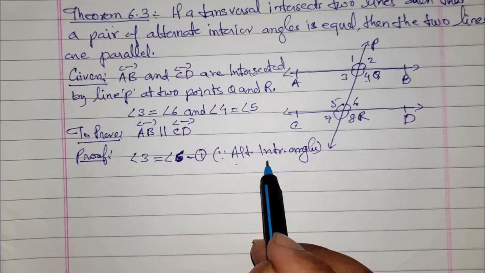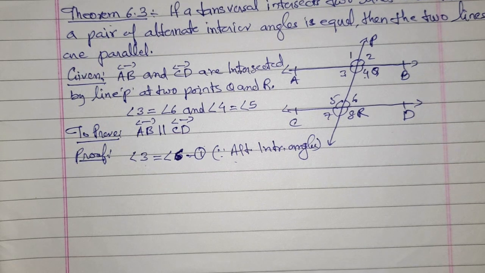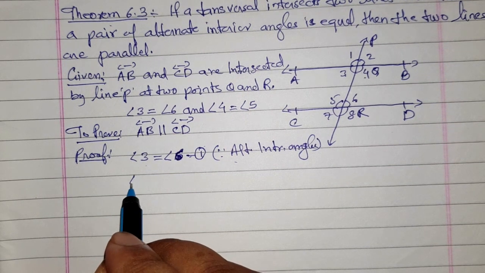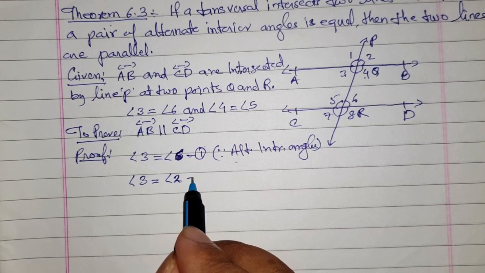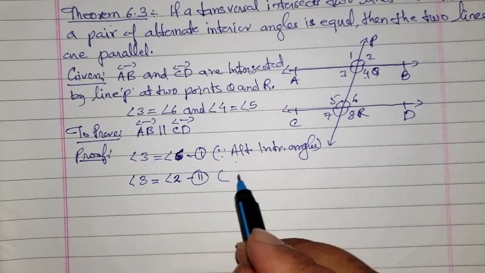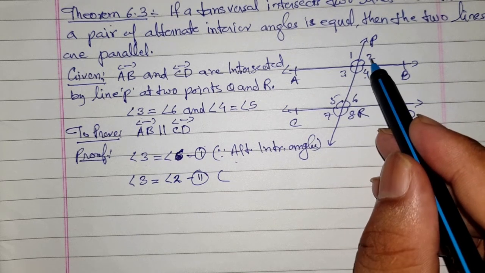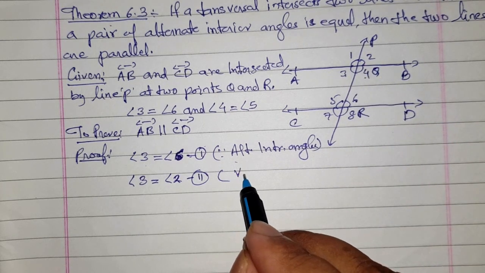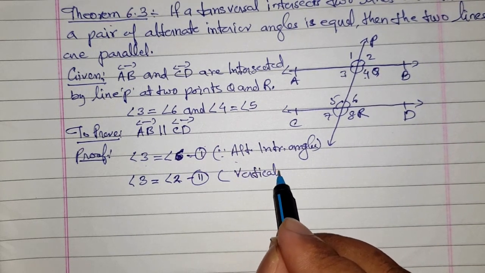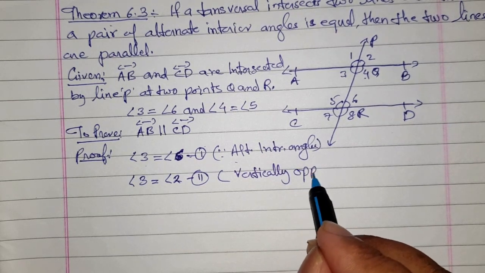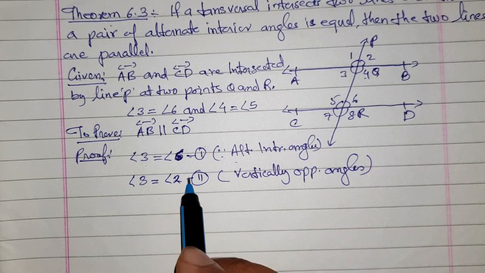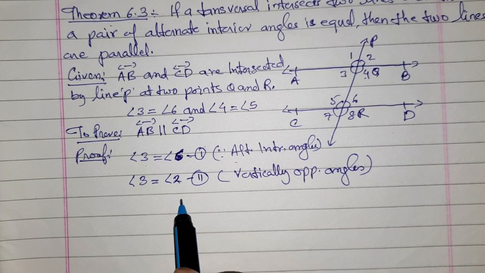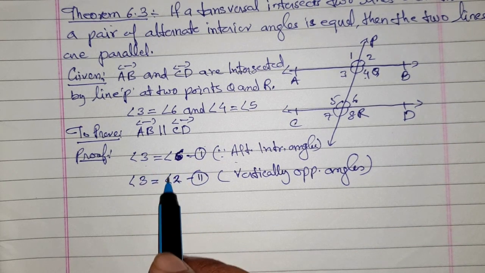They are the alternate interior angles. Then we can also write that angle 3 is equal to angle 2. Take it as equation 2. Whatever angles, they are vertically opposite angles. So we got two equations here. In equation 1, angle 3 is equal to angle 6.